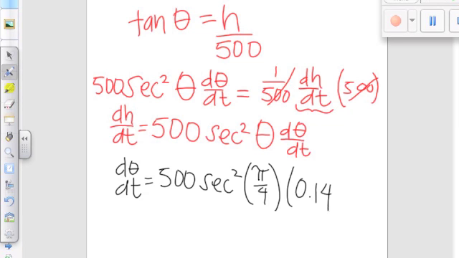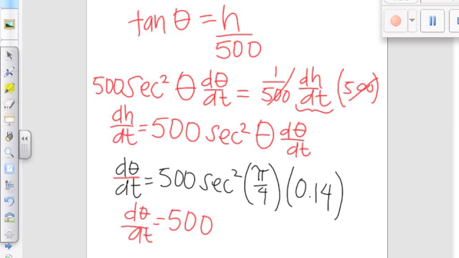Good, and this was right over here. Plug all of this into your calculator, or we can do it by hand, right? So if I do this by hand, dh dt equals 500. What's the secant of pi over 4?